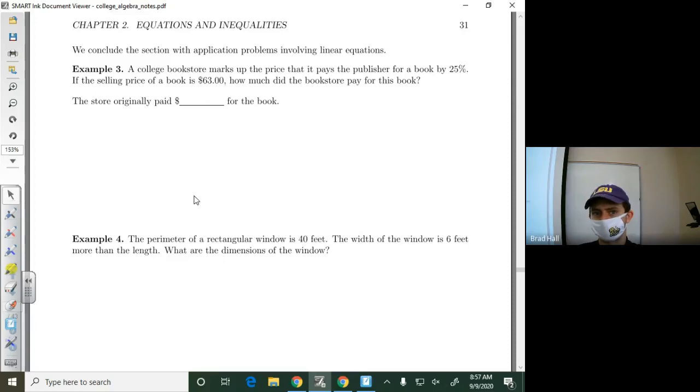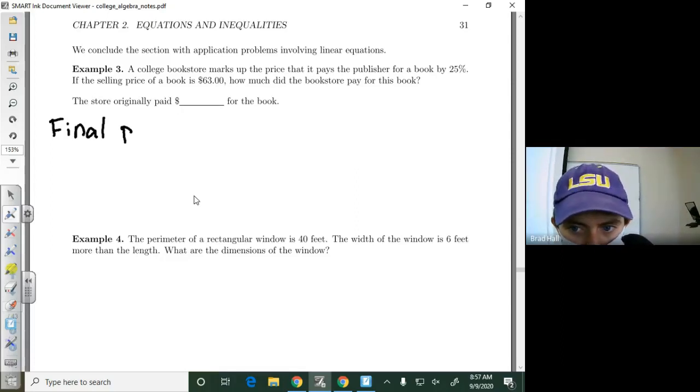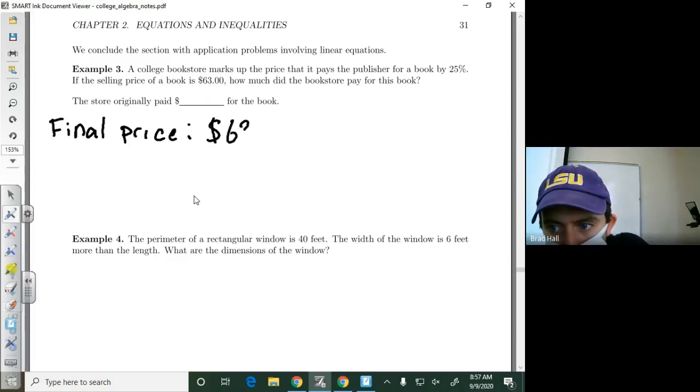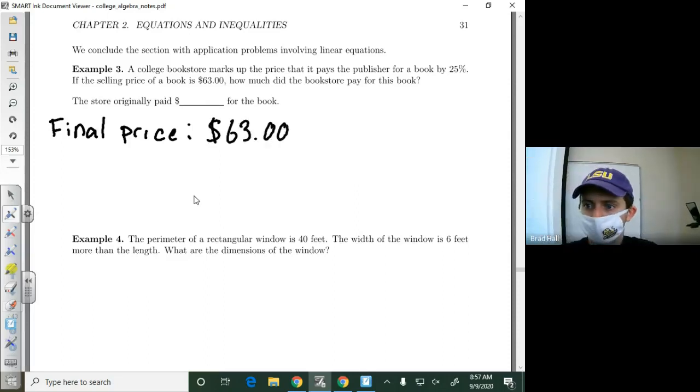They want to make some money, so they mark it up. By the time you see the book in the bookstore, the final price is $63. The question is, what was the original price?